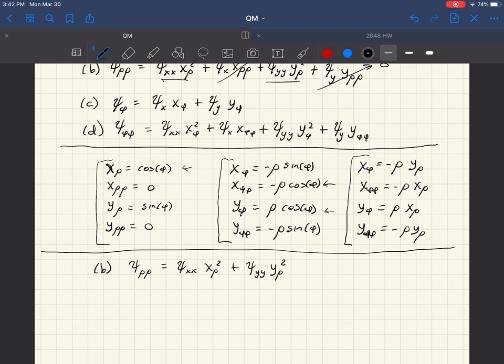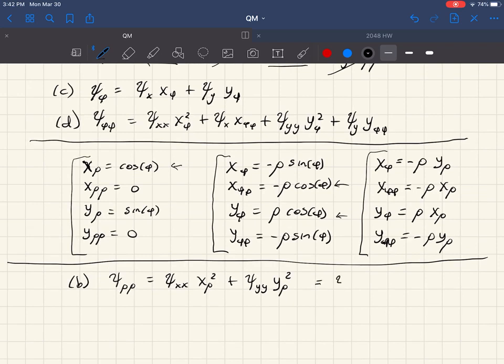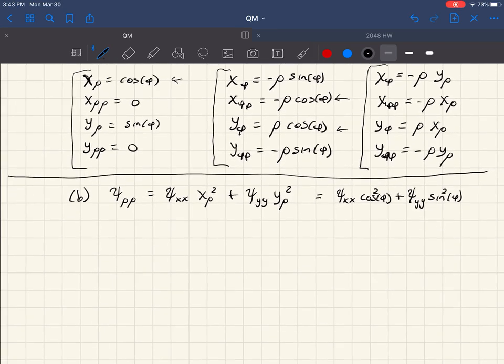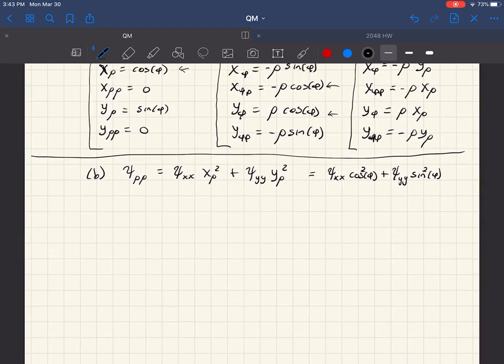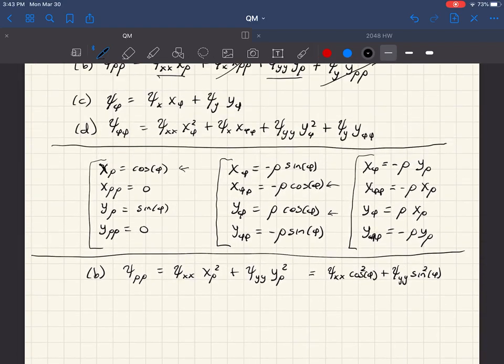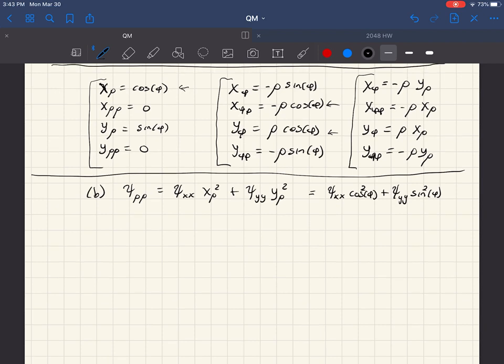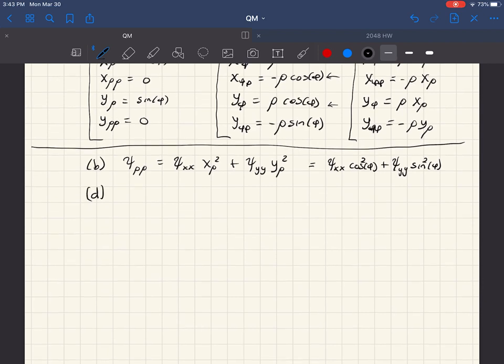So this actually equals psi xx cosine phi squared plus psi yy sine of phi squared. All right. So now let's go to D. So this one's going to need a little bit of work.